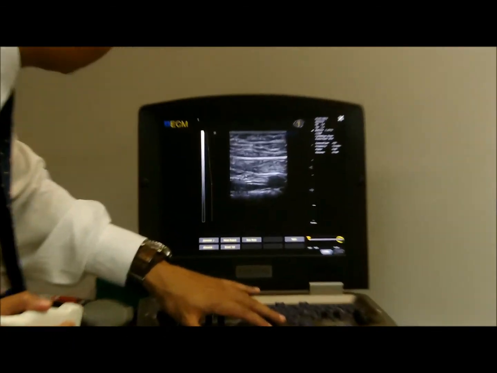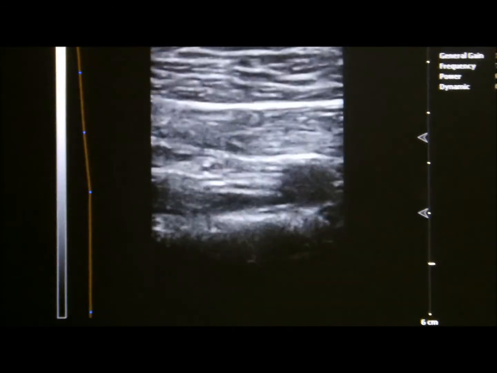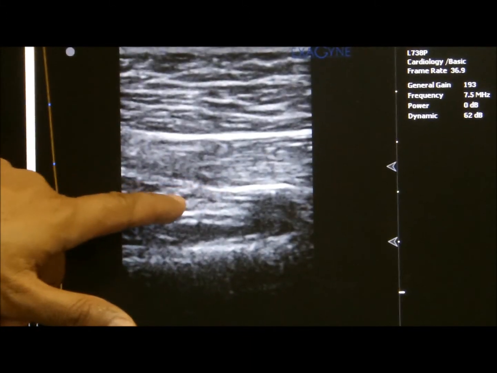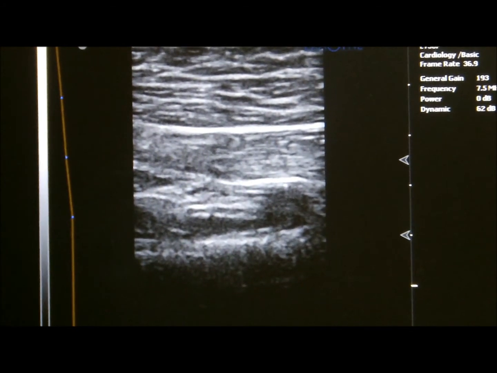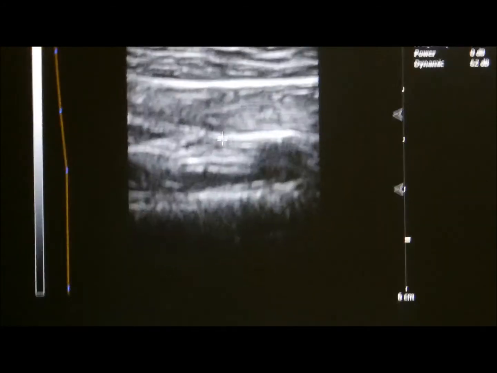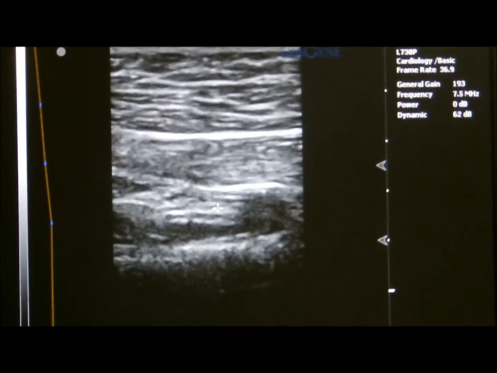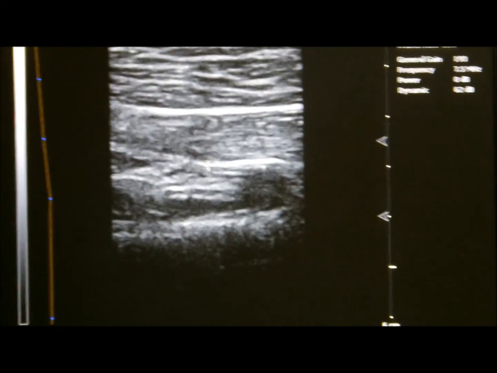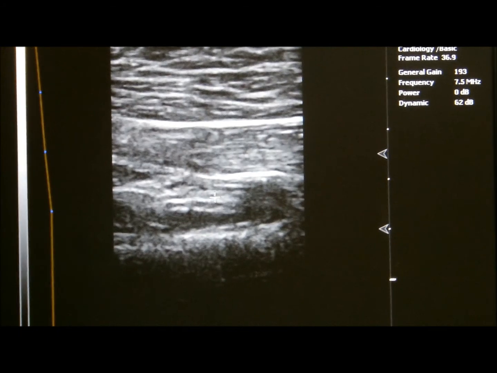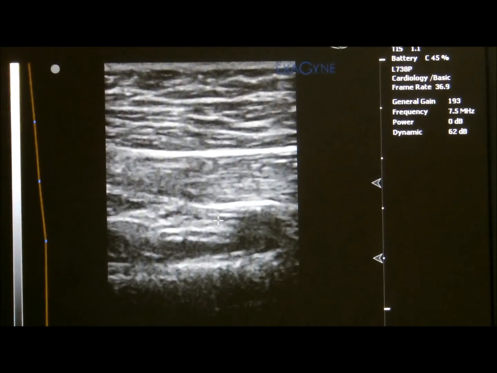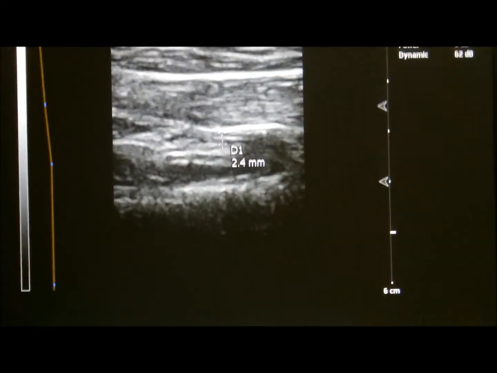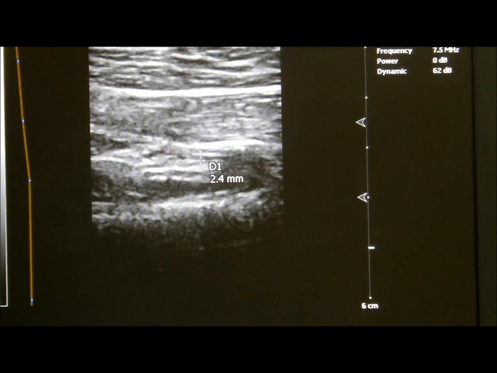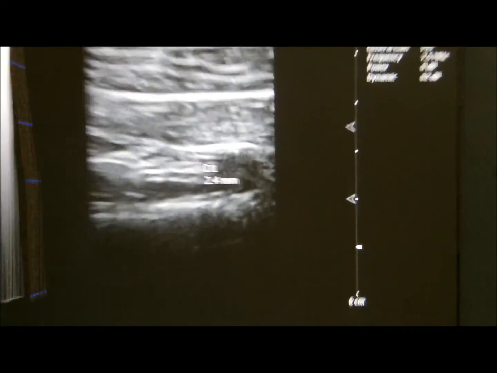There is a tubular structure, double wall, just next to it, and it has a blind end. So this is likely to be the patient's appendix. If you measure it from outer wall to outer wall, the size is only 2.4 millimeters. That would probably be the normal appendix.